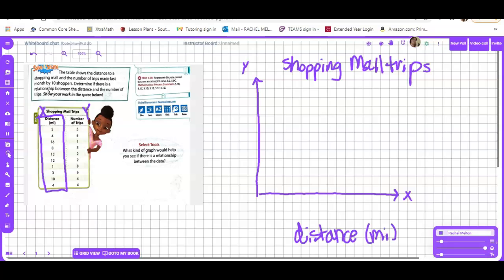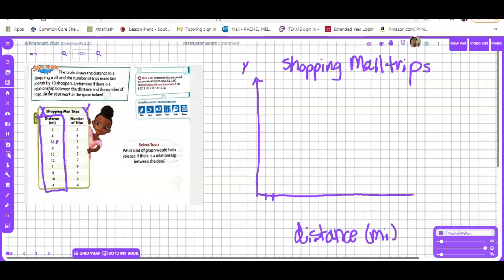The first thing I need to do is think about what my tick marks are going to be for that x-axis. The biggest number I see here is a 16. Looking over here, 1, 2, 3, 4, 5, 6, 7, 8, 9, 10, 11, 12, 13, 14, almost 16. So I'm going to increase that line a little bit, to make sure I have 16.